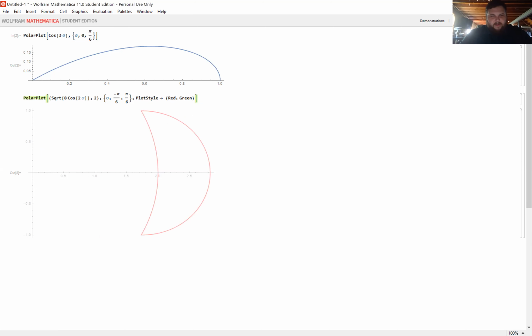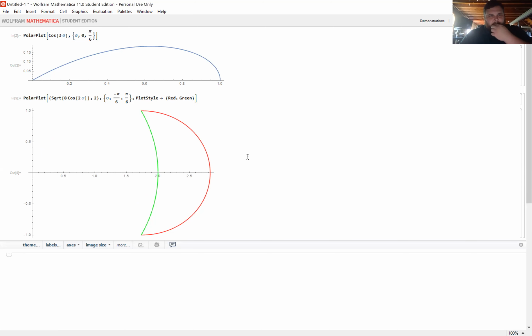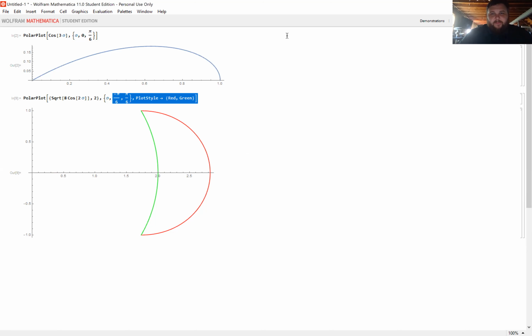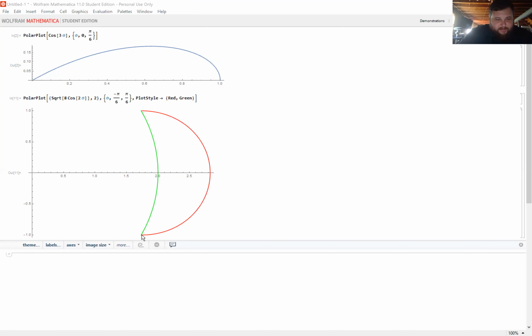I don't know why when I've plotted that every other time, it never had that other piece over there. That's interesting. Maybe I didn't need the negative one. Hold on a second. Let me check myself here. So this point down here corresponds to negative pi over 6. And this one up here is pi over 6.